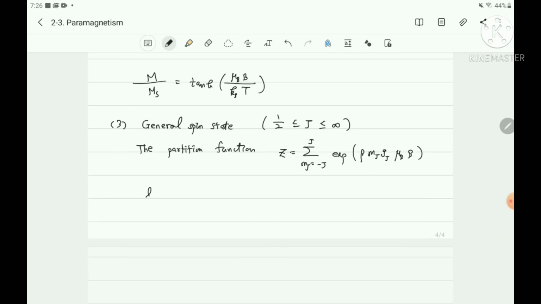And here, let's denote x equal to beta gJ mu B B.